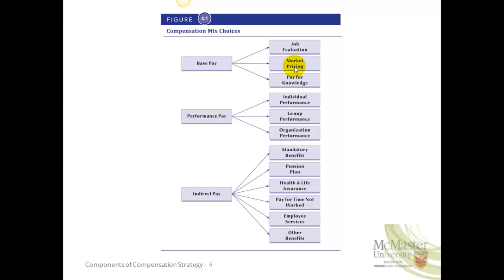So if you're paying $125,000 for an electrical engineer, and there's a shortage of electrical engineers, and most of your competition in your area are paying electrical engineers $175,000, then you might say, well, even though $125,000 is a fair wage to pay, given what I'm paying other jobs in my organization, again, being mindful of that job evaluation and internal equity, for me to attract good ones, I got to pay more.